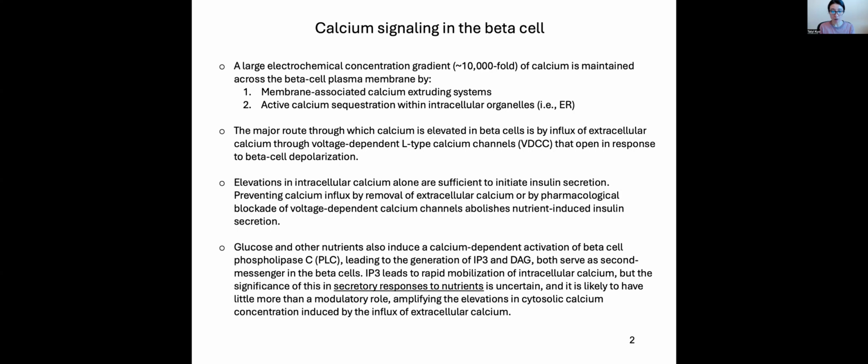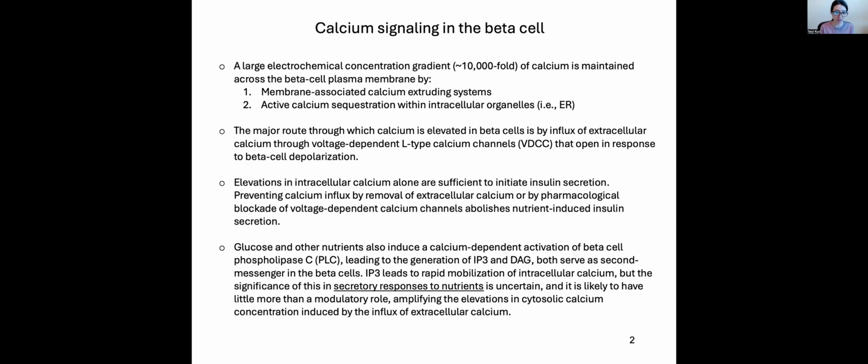How it is achieved is by an influx of the extracellular calcium into the cytoplasm of pancreatic beta cell through this ion channel, specifically calcium ion channel, called the voltage-dependent L-type calcium channels, or VDCC for short, that would open in response to beta cell depolarization.